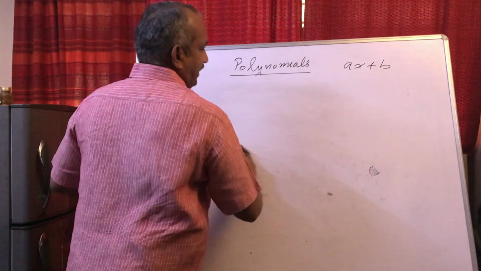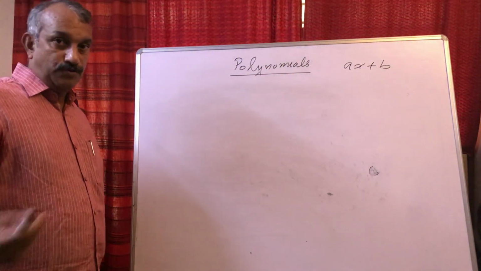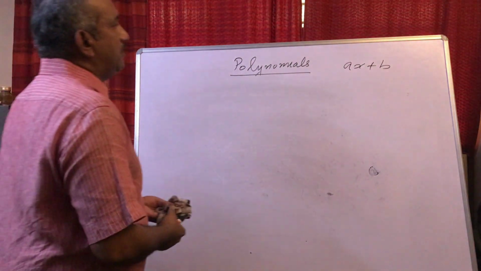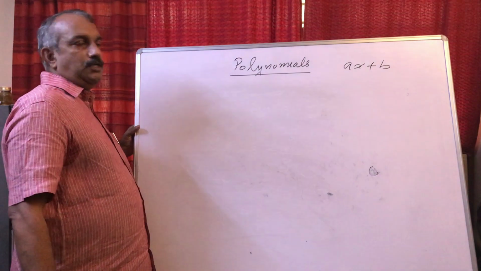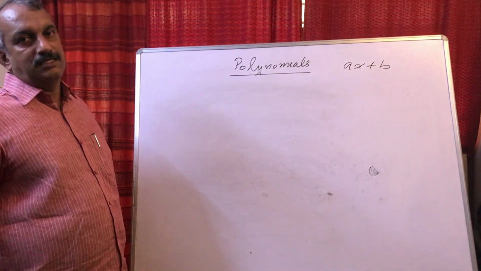Here comes how to find the zeros of a quadratic polynomial. We should know how to find out the zeros of a quadratic polynomial. Now we have learned 11 identities in class 9.